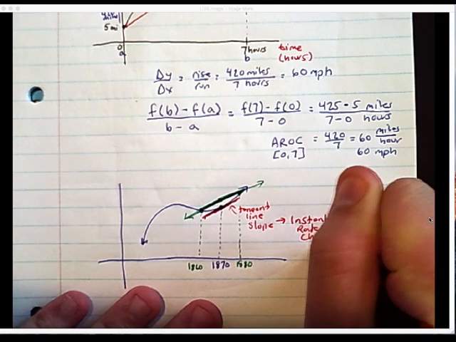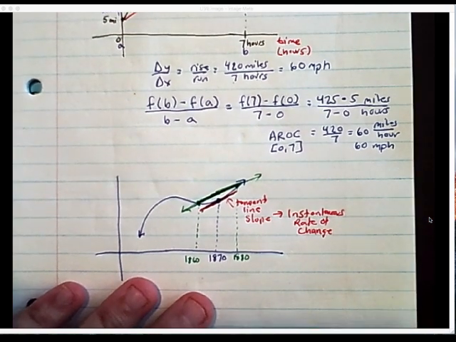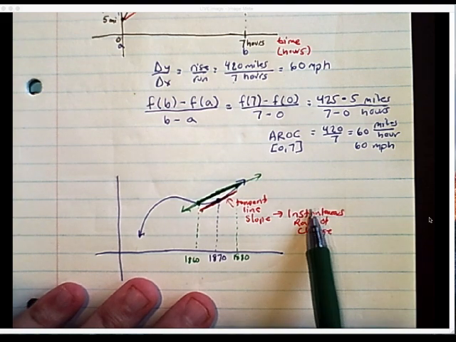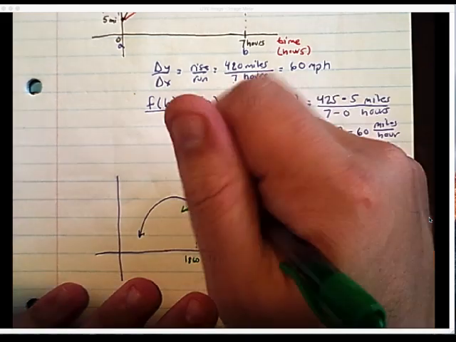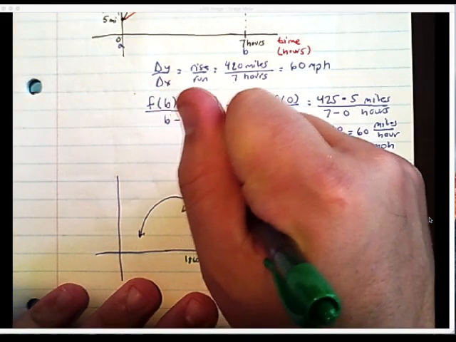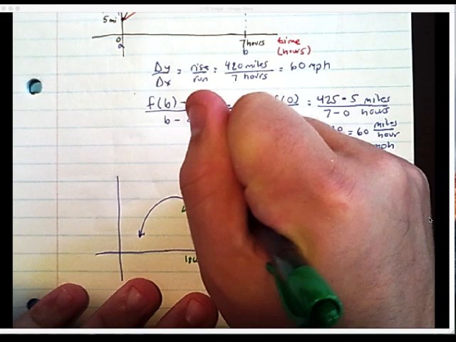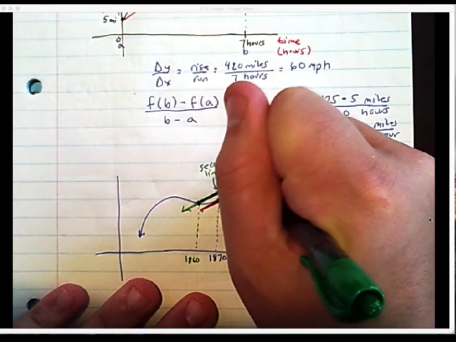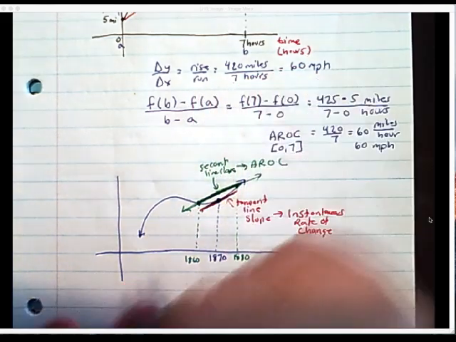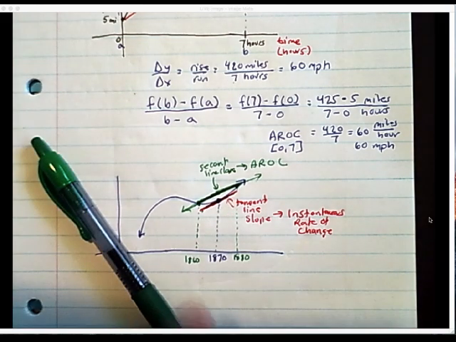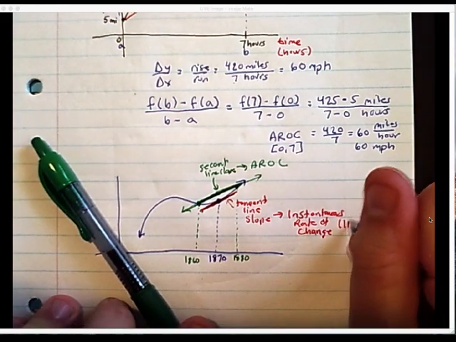How quickly is something changing at a specific time? Well, we need calculus to figure this out, but eventually we will learn how to find this. But the secant line slope is referred to as the average rate of change, or AROC. So that's called AROC. This one, shorthand, is called IROC.